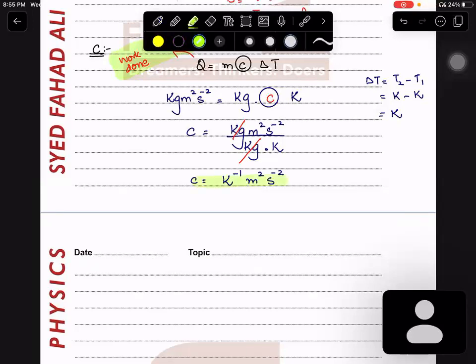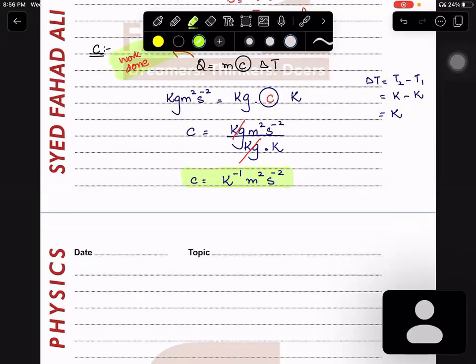This is the base unit of specific heat capacity. Okay, sir, it's clear.